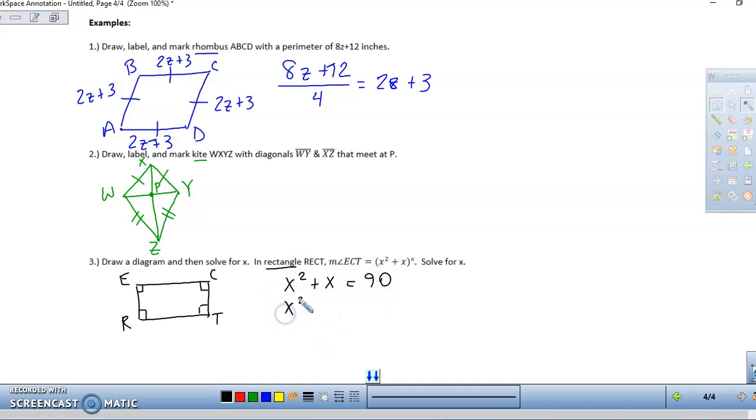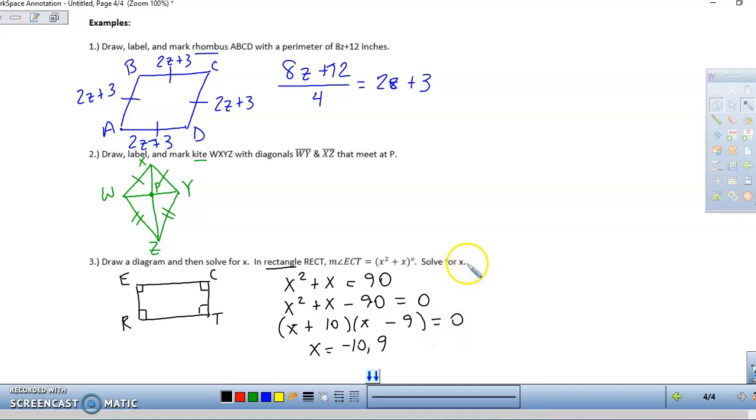Solving that, we need factor pairs that multiply to 90 but add up to a positive 1. So 10 and 9 should work. I need a positive 1, so more positives than negatives. Then set each equal to 0 to find negative 10 and 9.